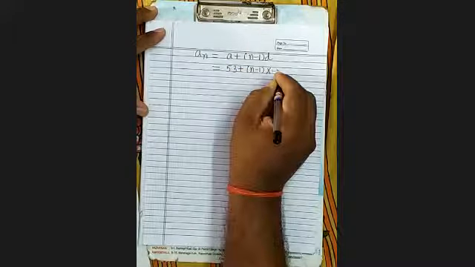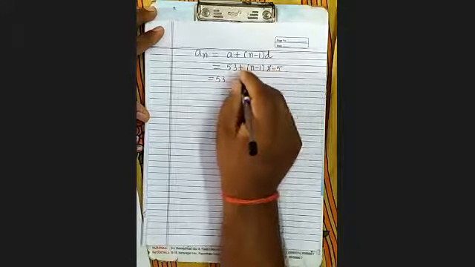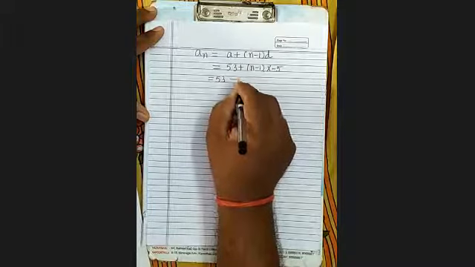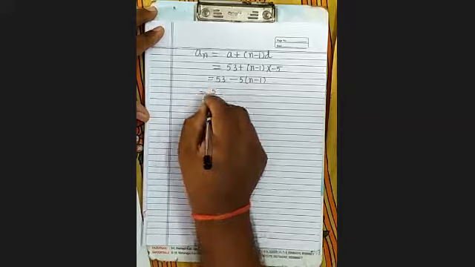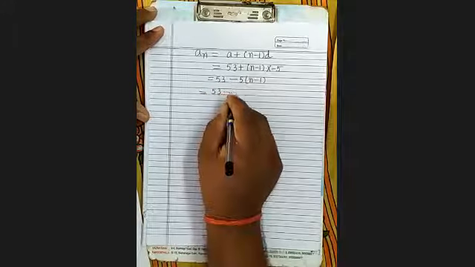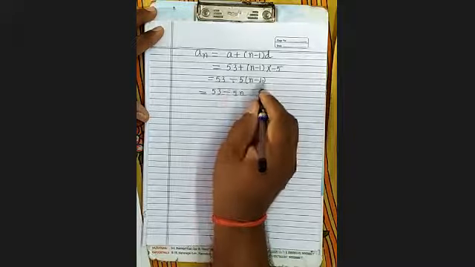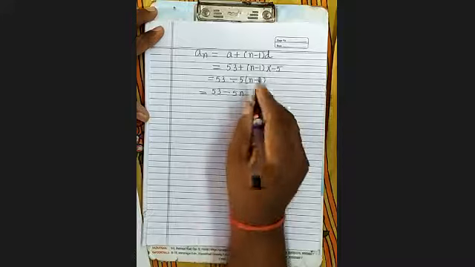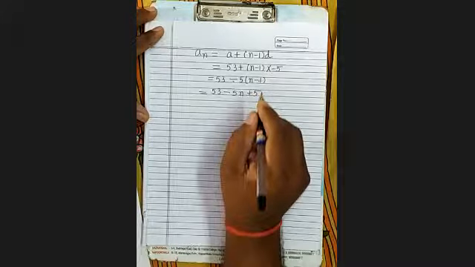Now you open the bracket. So 53 plus, into minus, minus. So this will be 53. On opening the bracket, it will be minus 5n. And minus minus plus, it will be plus 5.